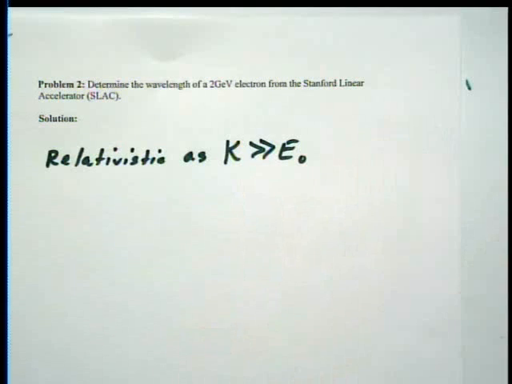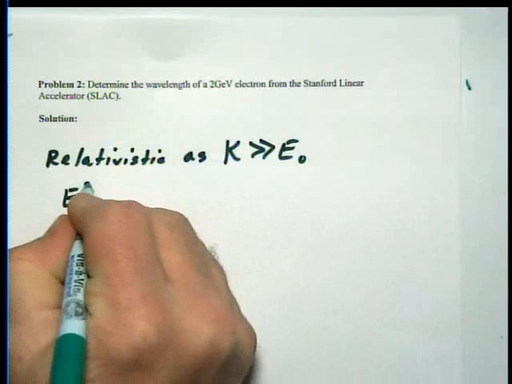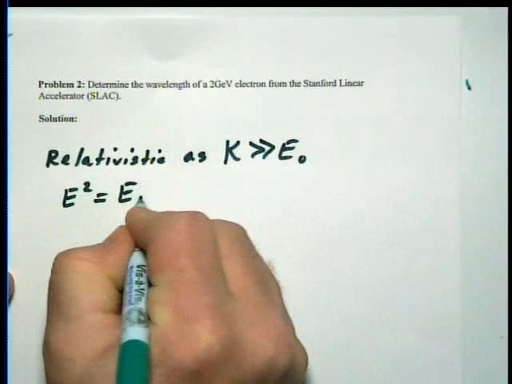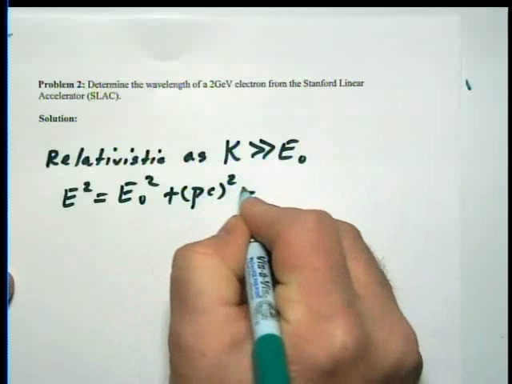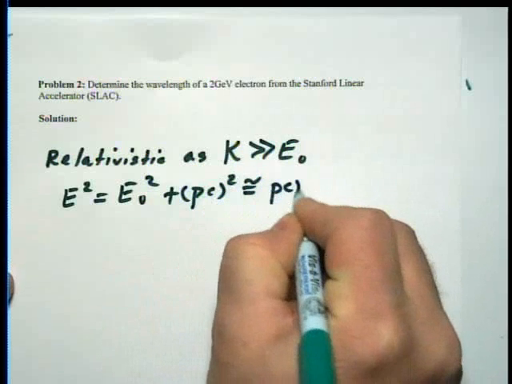Now the good news is, it's so relativistic that you basically can ignore the rest mass energy. So E squared, which is E naught squared plus (pc) squared, is just approximately (pc) squared.